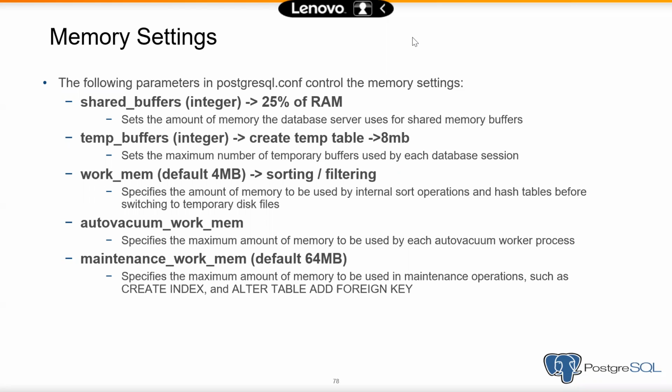If you have a lot of tables and the performance of autovacuum is not good, the only reason is that the CPU utilization is on the higher side. For autovacuum work mem, in Postgres the more the RAM, the better the performance. That is what autovacuum will do.